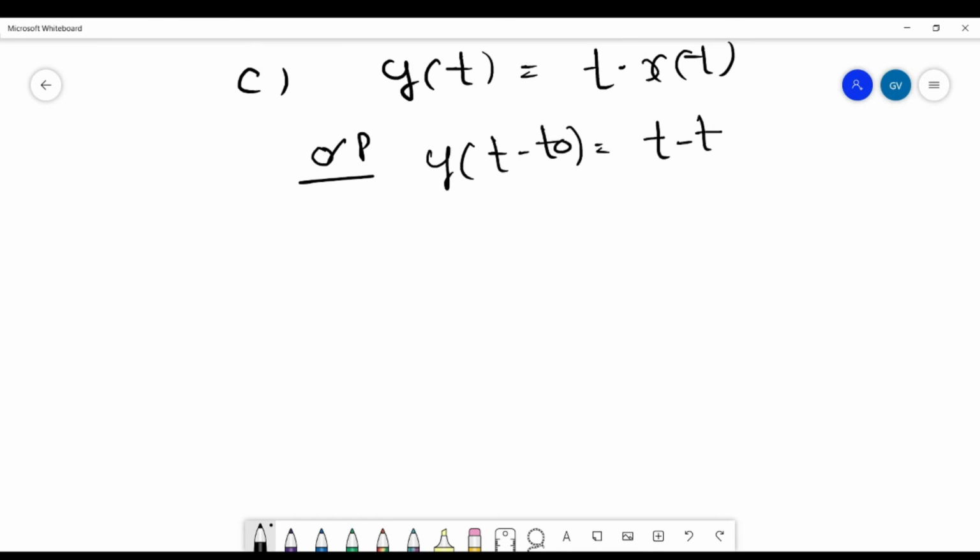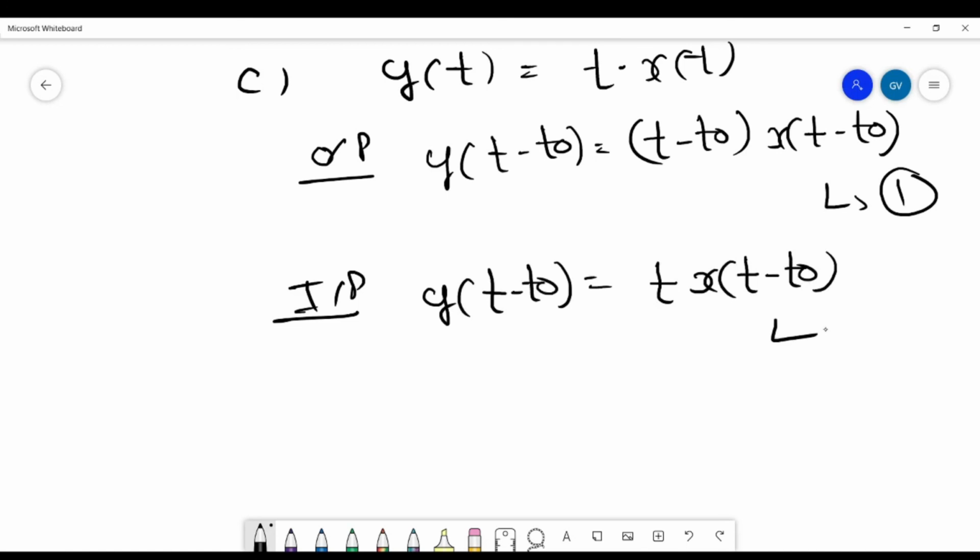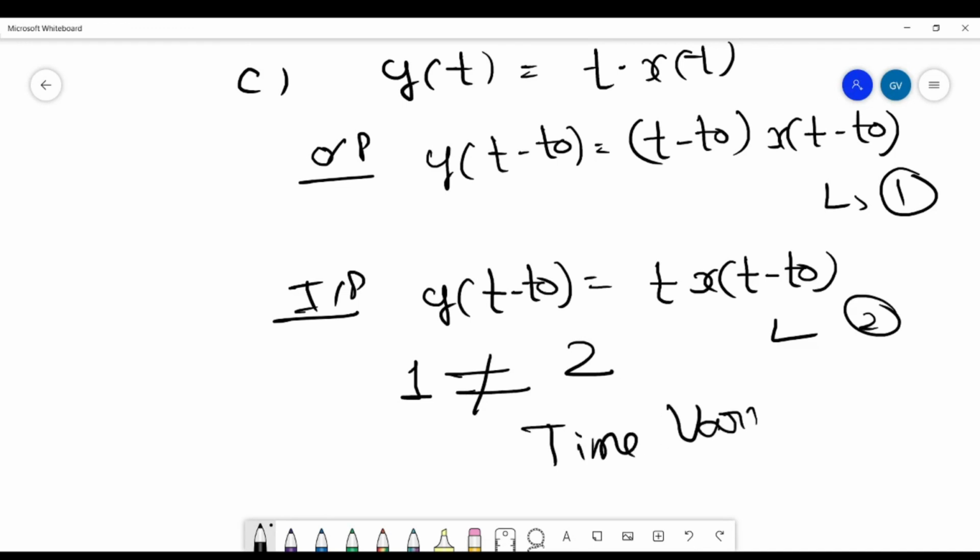So this will be t minus t naught times x of t minus t naught. Name it as equation number 1. Now if I make a change in input, I'll get y of t minus t naught will be equal to t x of t minus t naught. So we can clearly see from here that 1 is not equal to 2. So this is varying with time. This is a time variant system.